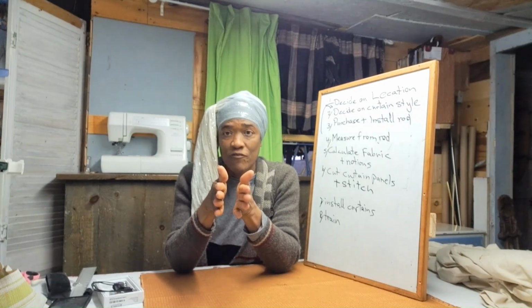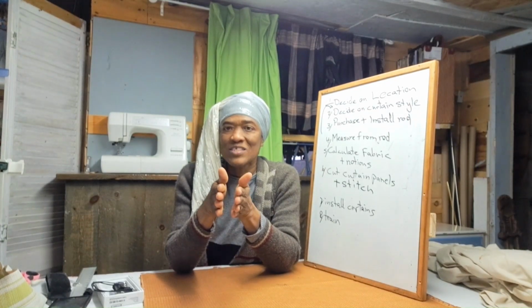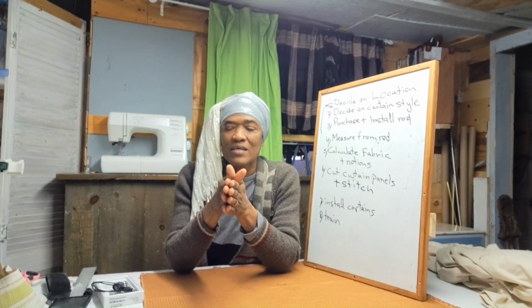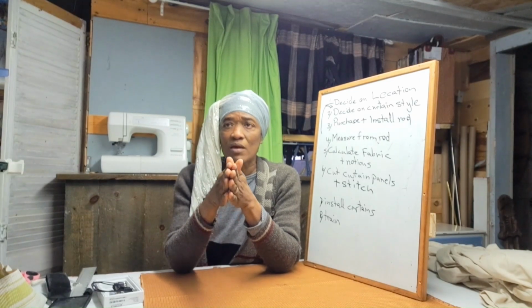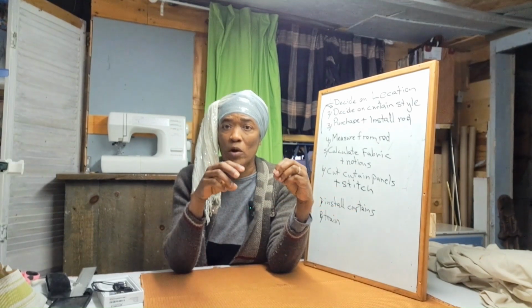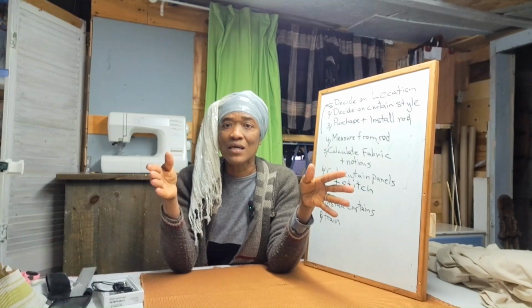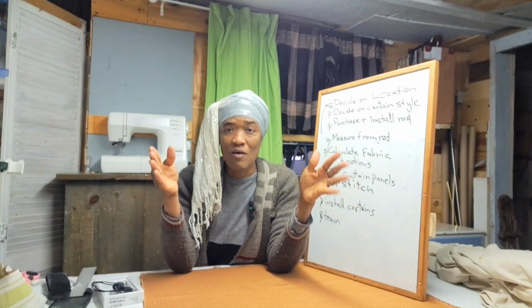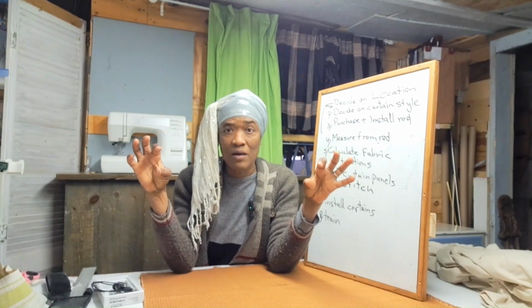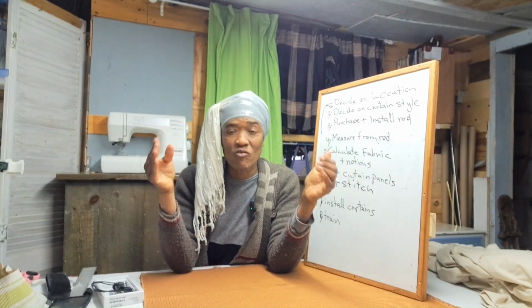Decide on that first. And the reason why I suggest that you decide on that is because it is important in order to choose the correct not only type of rod but size of rod.